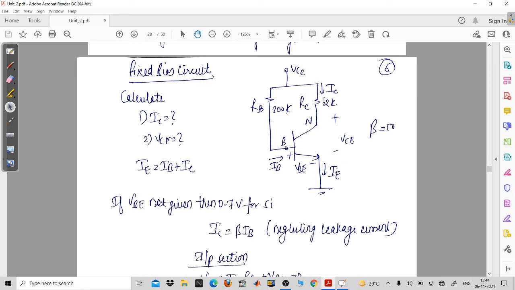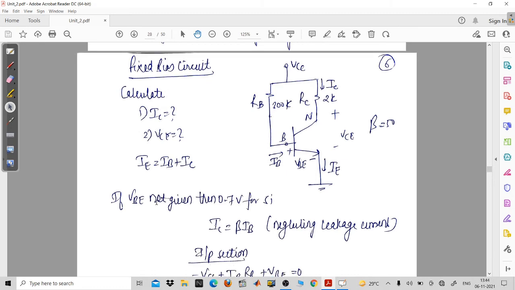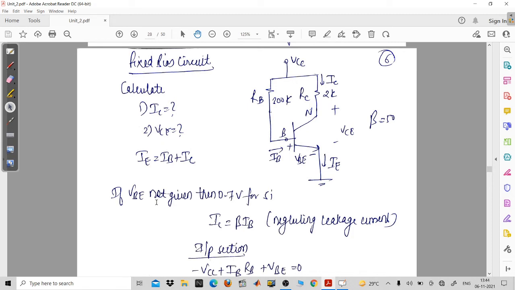So when someone asks you to find the operating point, IC and VCE will come into the picture. Now in this case VBE is not given, so you can simply assume a silicon transistor. When you assume a silicon transistor, it means VBE will be equal to 0.7. Now how to find this? Simply apply the KVL in the input port and apply the KVL in the output port.